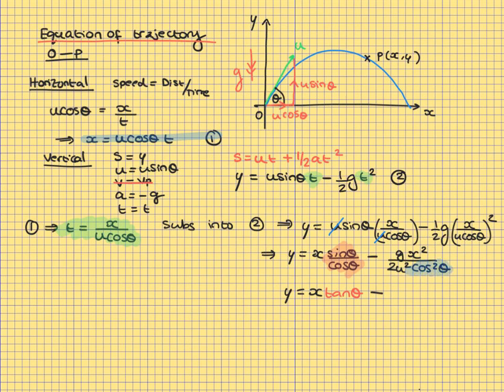So I'm going to rewrite this as gx squared sec squared theta over 2u squared over here. And we're done. We've now found a general equation for the trajectory of the projectile in terms of x and y, and of course for any specific situation values of theta and u can be substituted in.